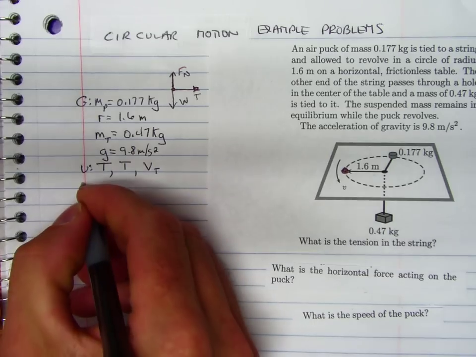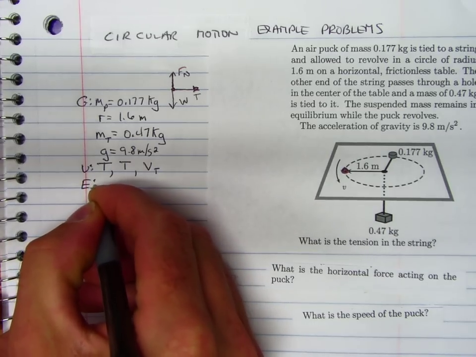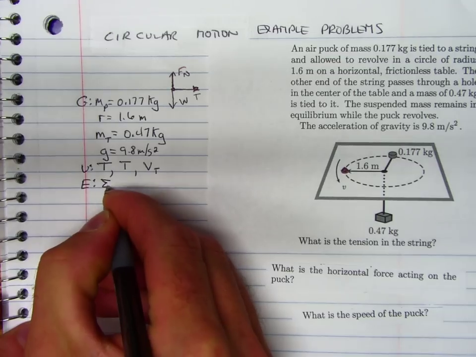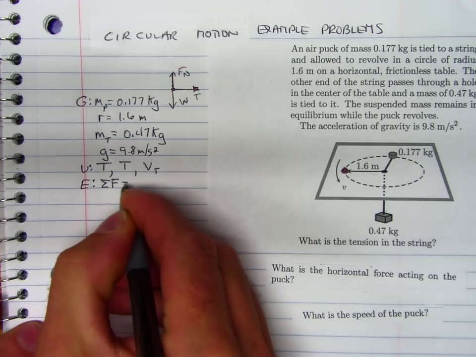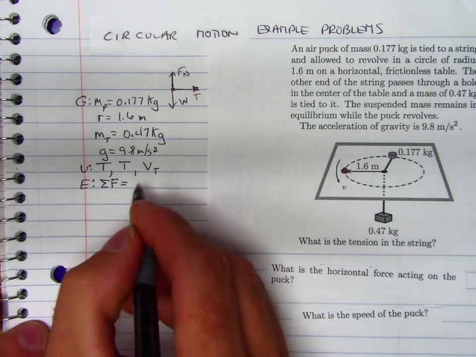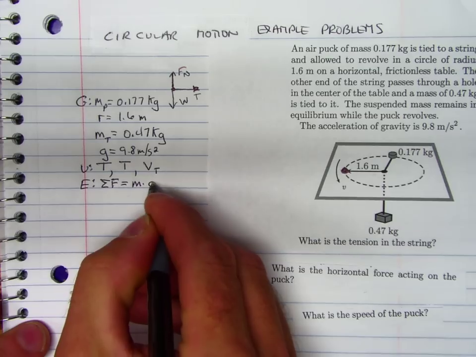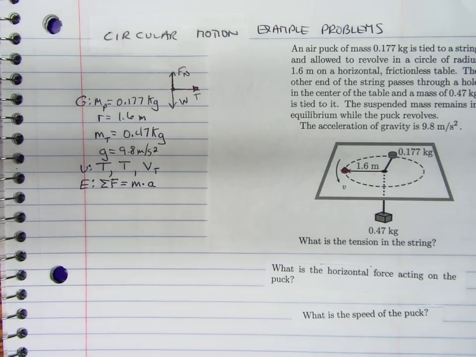Okay. So our equation, well, we know that according to Newton's second law, the sum of the forces is equal to mass times acceleration. And we know in this case, for this puck to move in uniform circular motion, the force needs to be a center-seeking force. It needs to be a centripetal force, and it has to equal the net force.